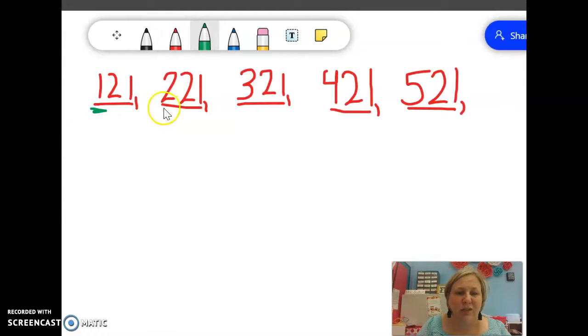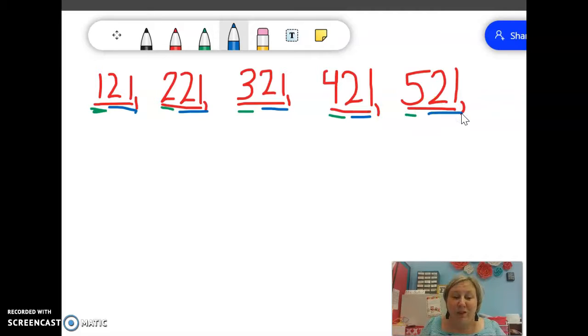Here's the 100, 200, 300, 400, 500. The numbers that stayed the same were the numbers that were in the tens and ones. 21, 21, 21, 21, 21. So when we're skip counting by hundreds, our tens and our ones are staying the same, and it's just the hundreds place value that the digit changes to.